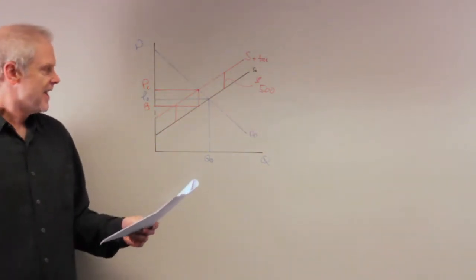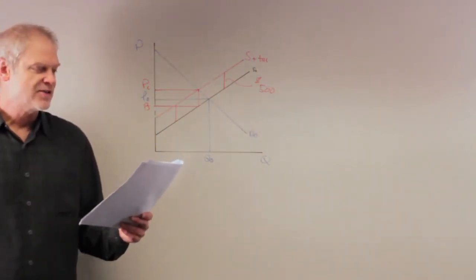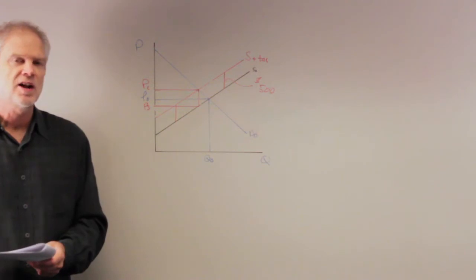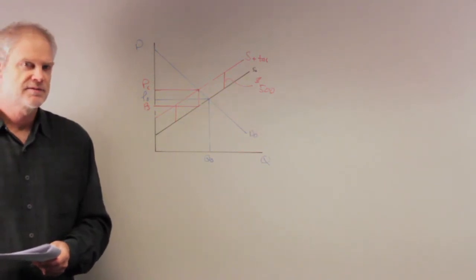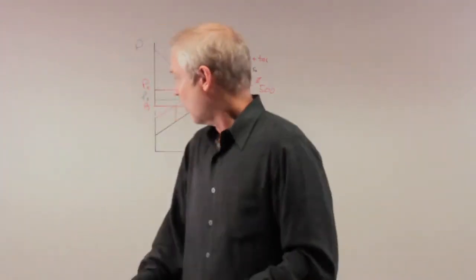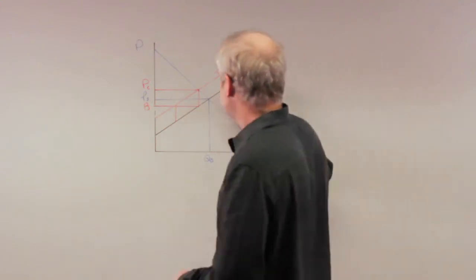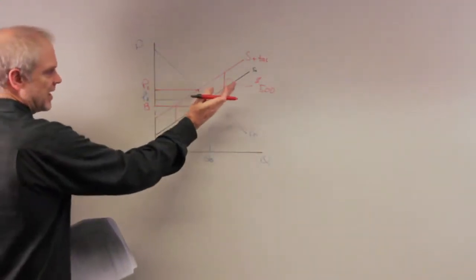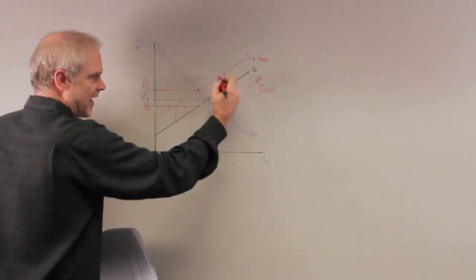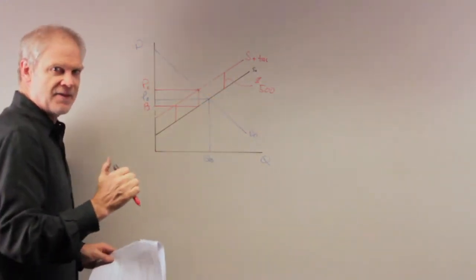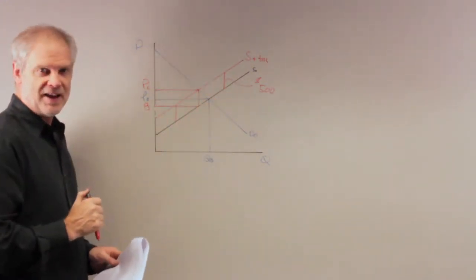Now, A says that the price received by sellers decreases by less than $500. Is that right? Yes, it is right. Why? Because look, here's the original equilibrium, and because the supply curve shifts up by $500 does not mean that the sellers are going to have to pay $500.